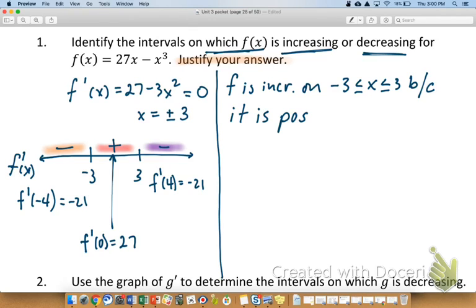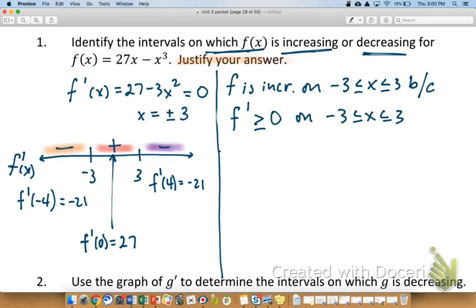Check this out. I'm going to erase it is positive, and I'm going to write because. Isn't that faster? That's even better. It took you less writing, and you said it correctly. So we'd say because f prime is positive, technically should be greater than or equal to 0 on the interval from -3 to 3.